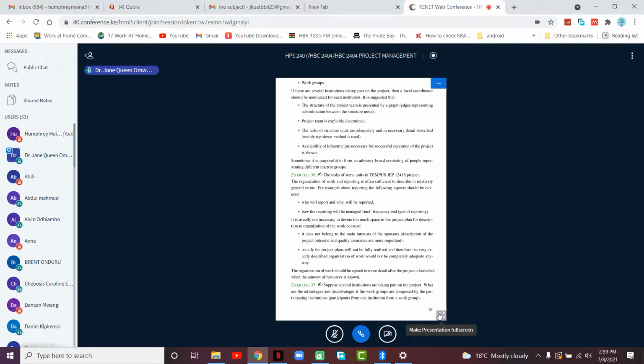What I'm suspecting is that midway, there are things that are not going on. Remember in project management or in project planning, there is also what we call monitoring and evaluation. The projects are supposed to be monitored from time to time.